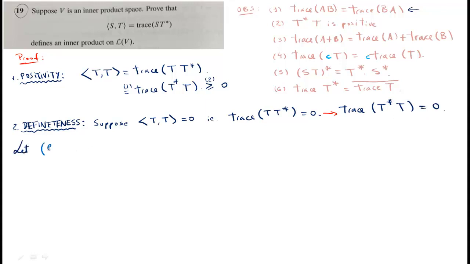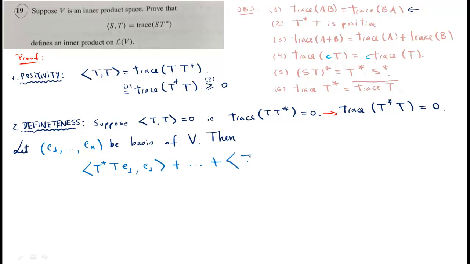So let the set of vectors e sub 1, e sub 2, e sub 3, up to e sub n be a basis of the vector space. Then the inner product of T adjoint times T of e sub 1 and e sub 1, plus and so on, plus the inner product of T adjoint times T of e sub n and e sub n, equals 0.